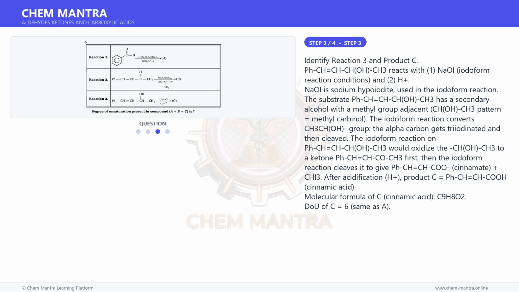After acidification, H+, product C is PhCH=CH-COOH, cinnamic acid. Molecular formula of C, cinnamic acid C9H8O2. DU of C is equal to 6, same as A.